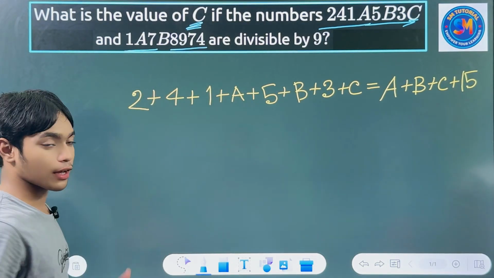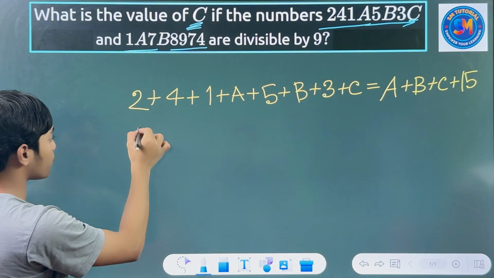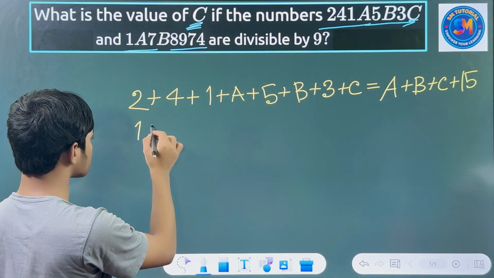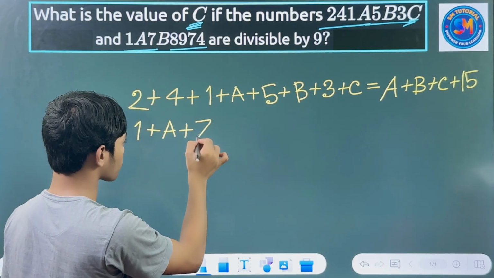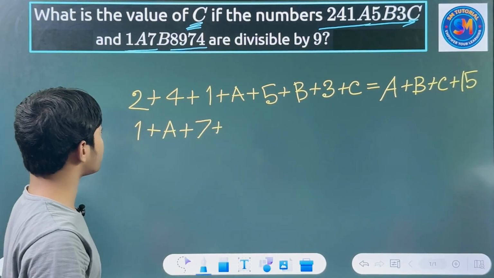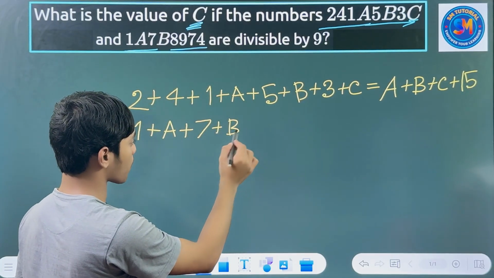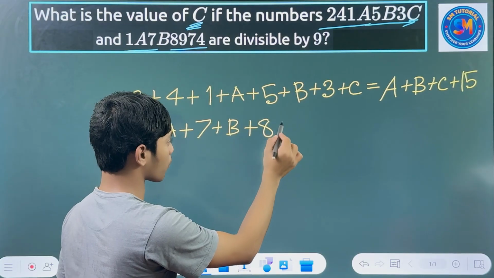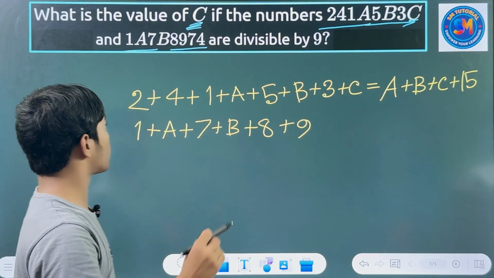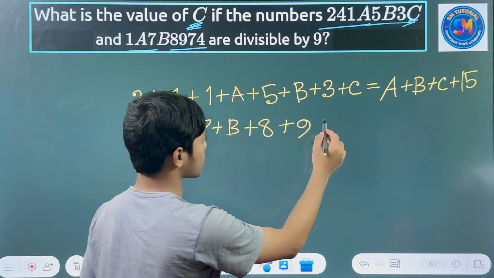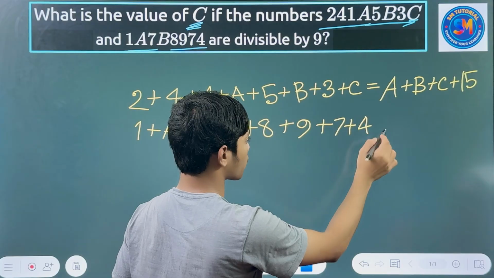Anyway, if you find the summation of the second number, you will get 1 plus A, 7 plus B, 1 plus 7 plus B plus 8. So what is next? 9, then 7 and 4, 7 plus 4.